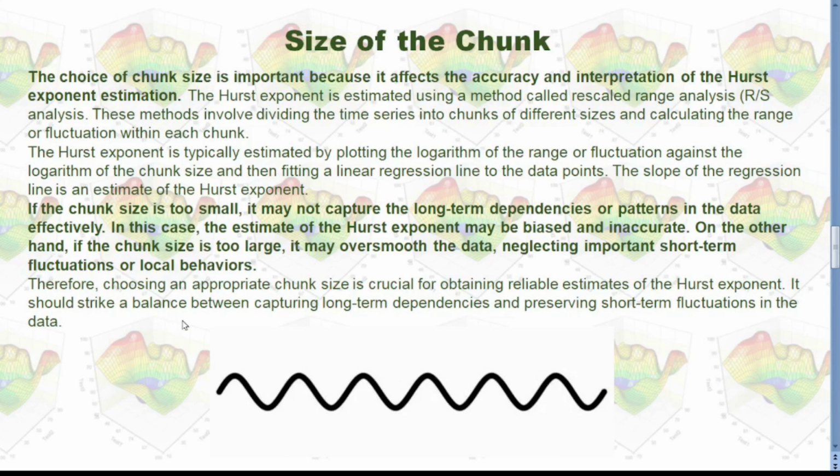In this case, the estimate of the Hurst exponent may be biased and inaccurate. On the other hand, if the chunk size is too large, it may over-smooth the data, neglecting important short-term fluctuations or local behaviors.